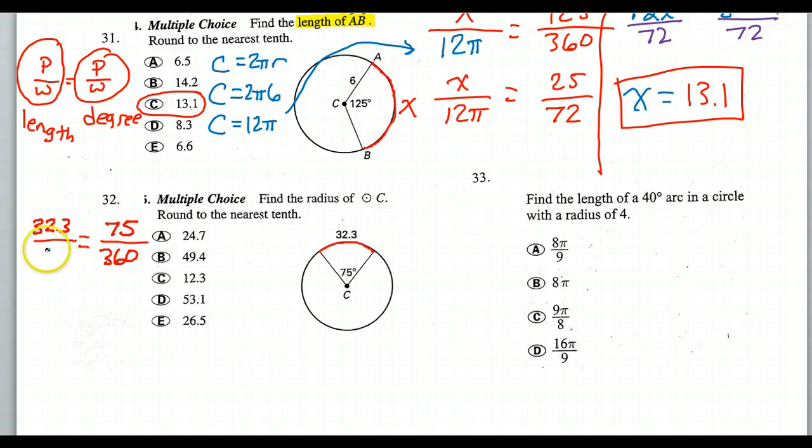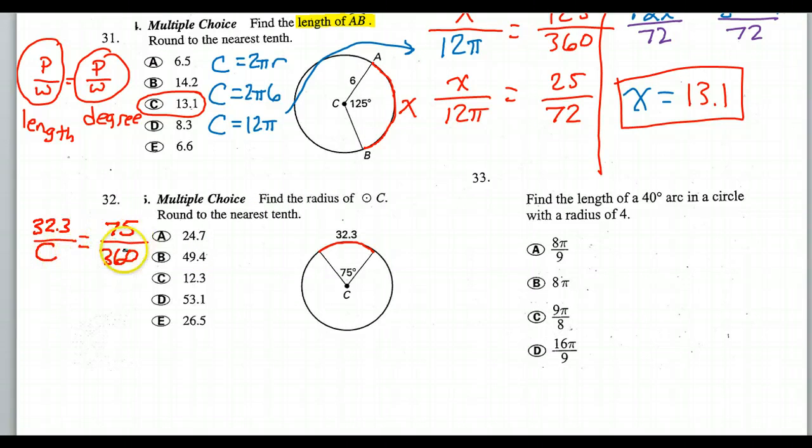Now the whole length, please don't put an x right here, because we're looking for the radius. We'll have to put a C here, because that is the circumference, and we're going to have to find the circumference first, and then go on to find the radius afterwards. Don't put x, or you're going to think that is the answer, and it is not.